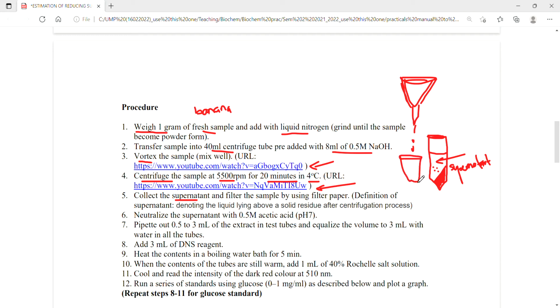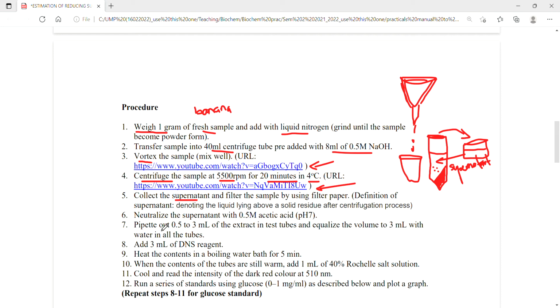But normally in the laboratory, I just tilt it into a beaker. I will not have this come with the supernatant. Only the liquid will come out. Therefore, sufficient. No need to do filtering with filter paper. But if need to, please go ahead.